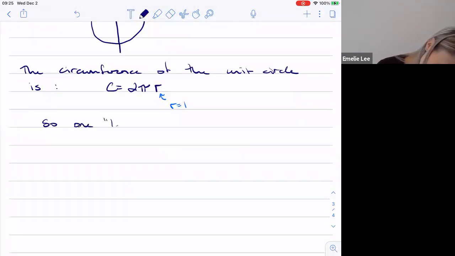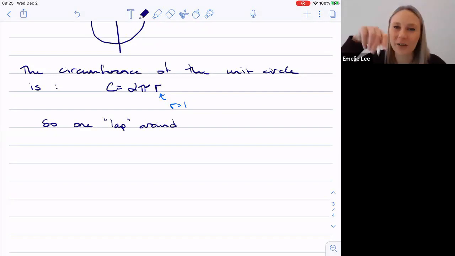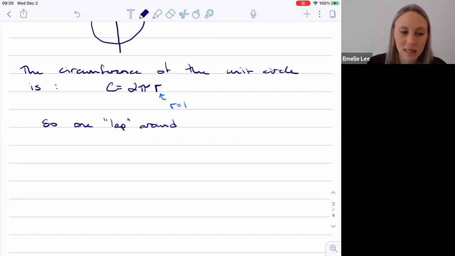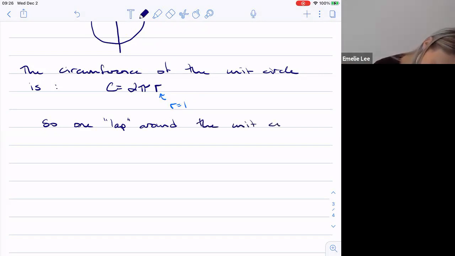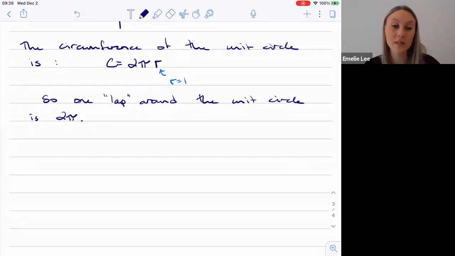So 1 lap, I think we all kind of know what I mean by that. So 1 cycle, or 1 lap around the unit circle is 2 pi, right? A distance of 2 pi, but also an angle of 2 pi.